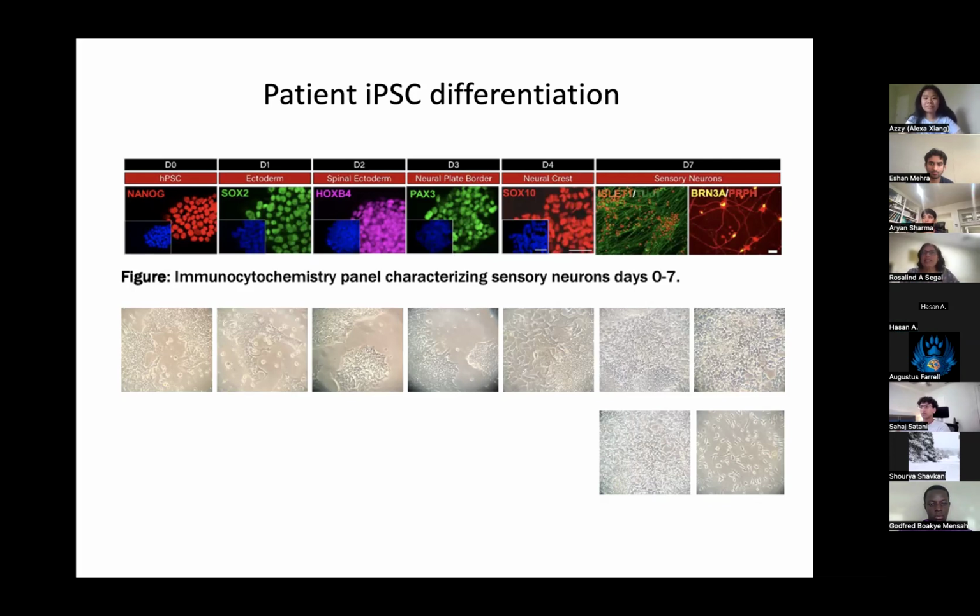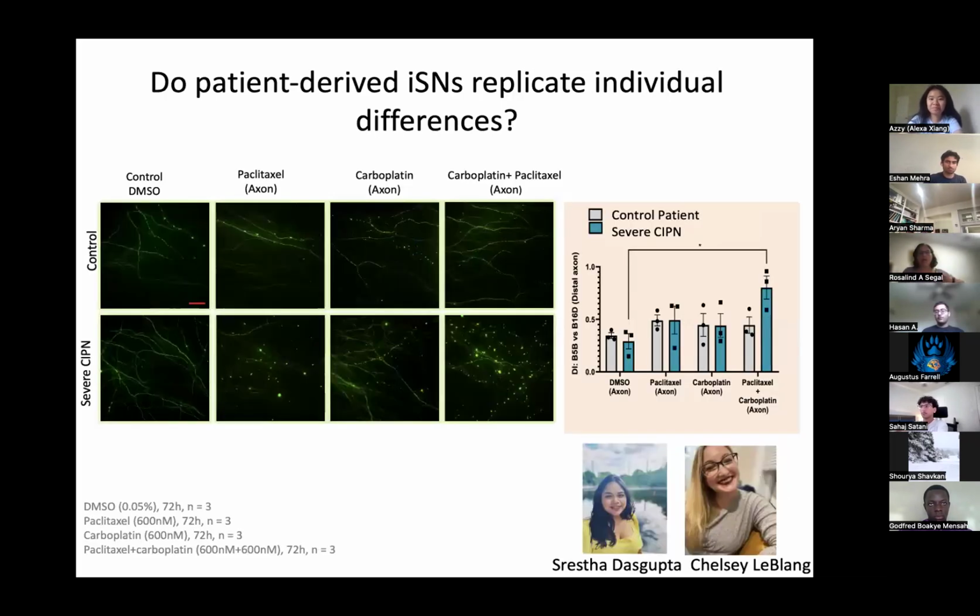I will say it's not as good as it sounds, because the sensory neurons we make aren't completely the same as normal sensory neurons, but they're pretty close. So again, work in progress, but we've begun to test these. And so again, we can do exactly what we did with our mouse cells in culture.